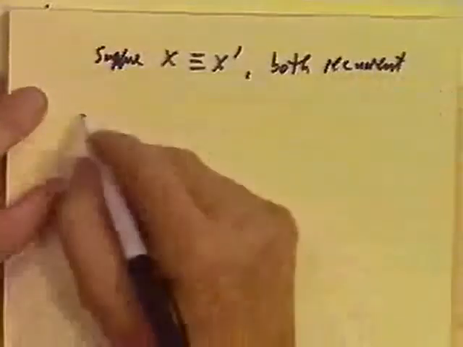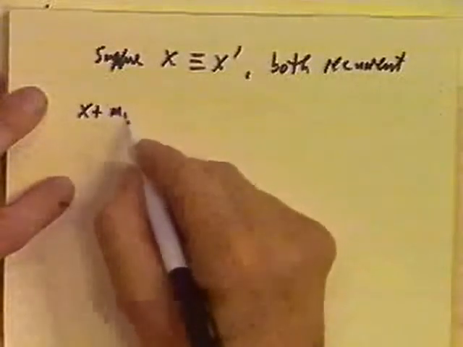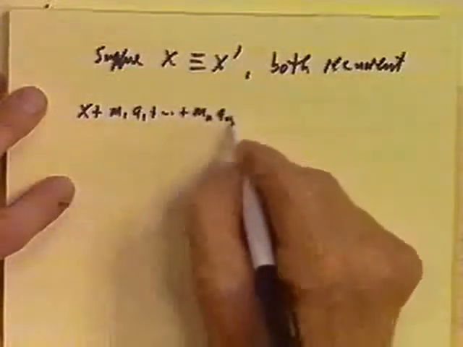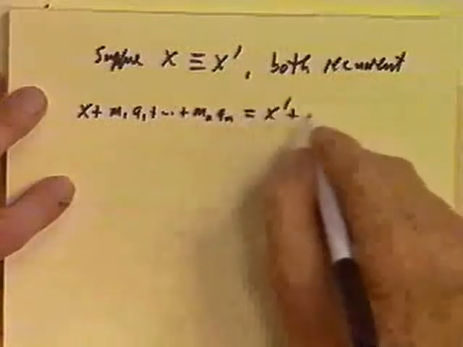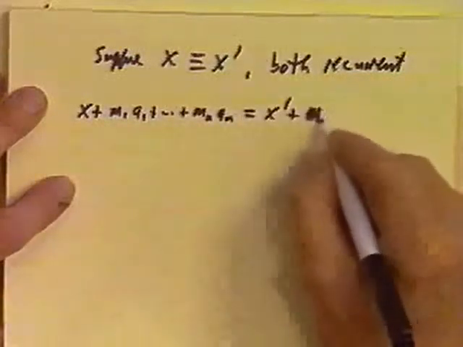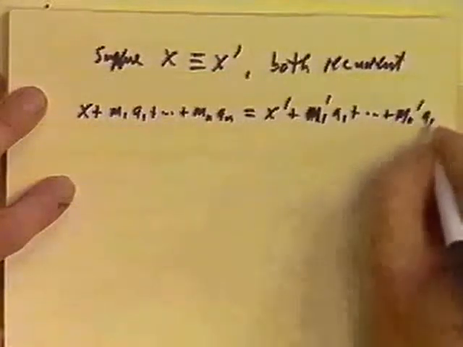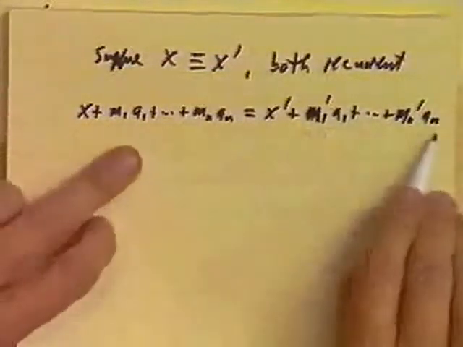So suppose x is equivalent to x prime, and both are recurrent states. Okay. Well, then what that means is that x plus m1 a1 plus ... plus mn an is equal to x prime plus m1 prime a1 plus ... plus mn prime an for some non-negative m's.